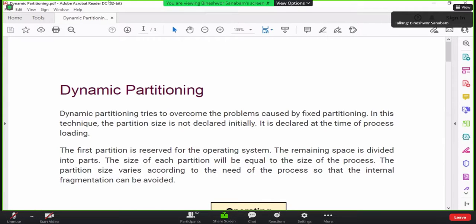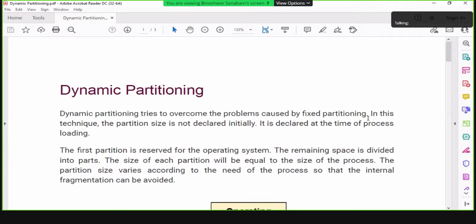In dynamic partitioning, as the name suggests, the partition is dynamic. It is not fixed. The partition can be done as per the process requirement. So dynamic partitioning tries to overcome the problem caused by fixed partitioning.